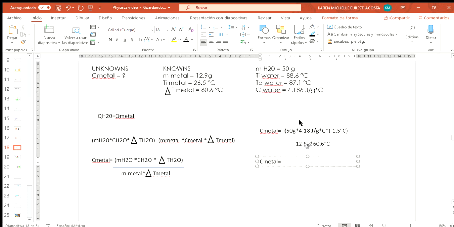Then we multiply all the numbers in the two sides.